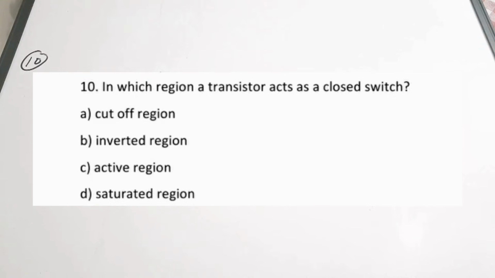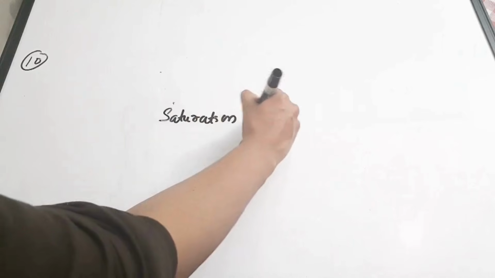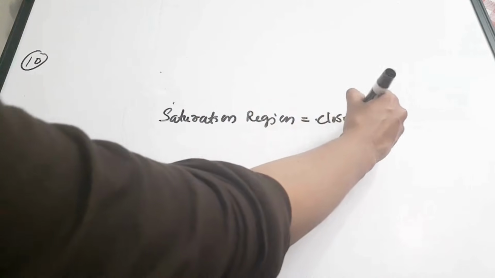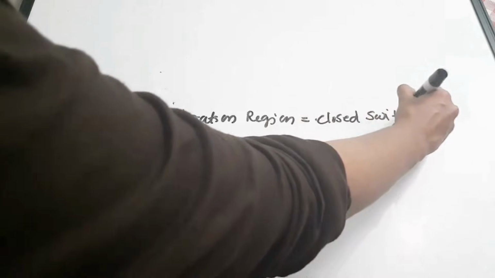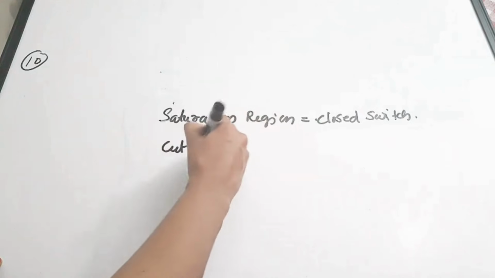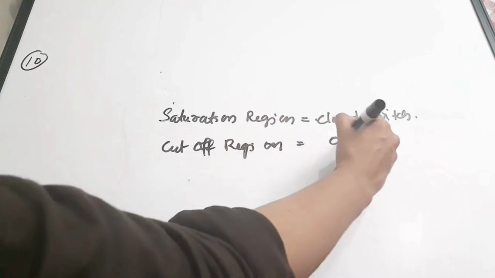And when it is in cutoff region, it acts as an open switch. So when it is in saturation region, it acts as a closed switch, and when it is in cutoff, it acts as an open switch.